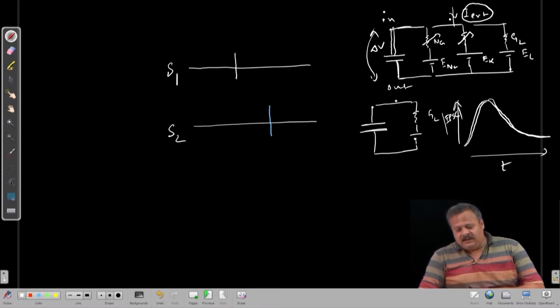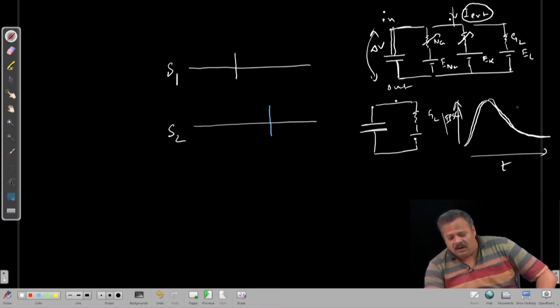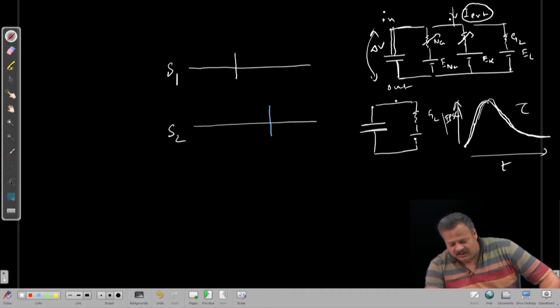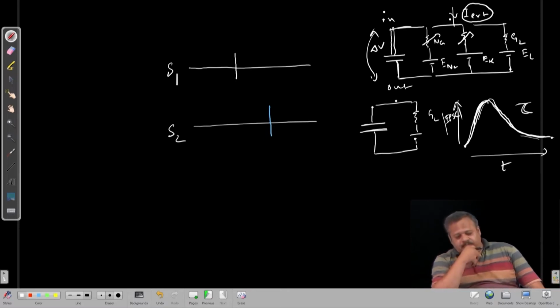And so, that time constant tau, because the spikes are almost like delta functions, this rise is very quick and this decay is based on the time constant of the membrane, that tau.